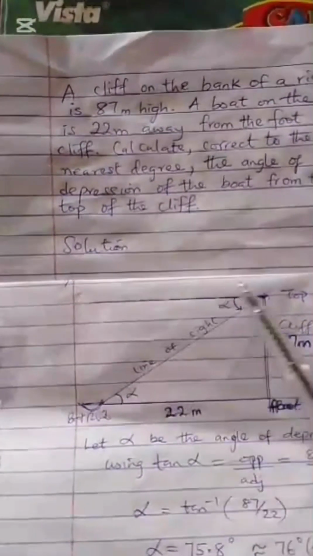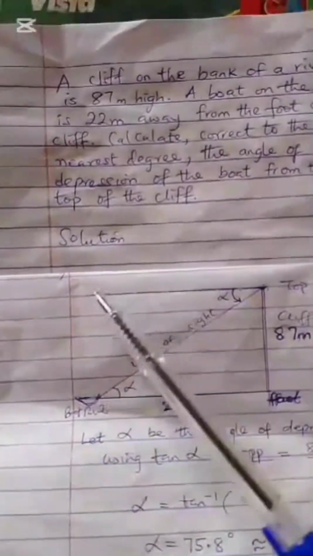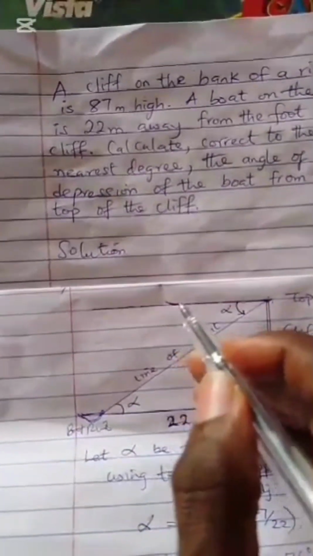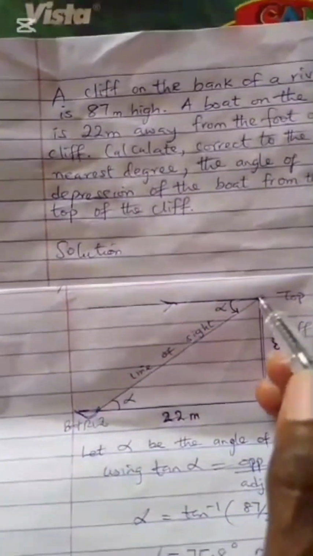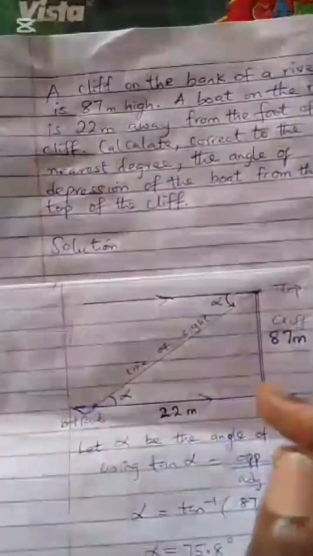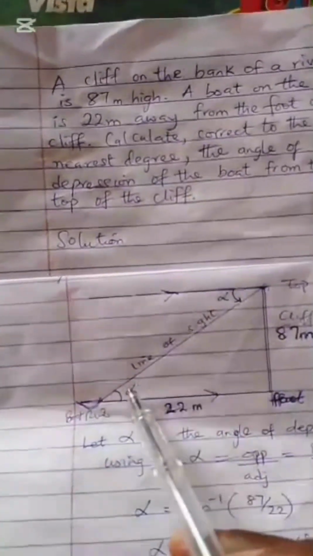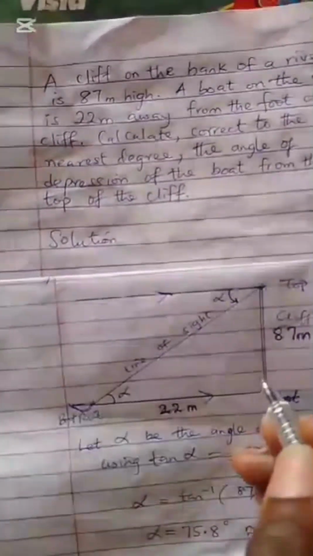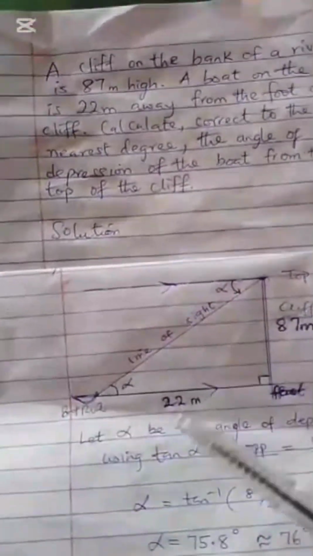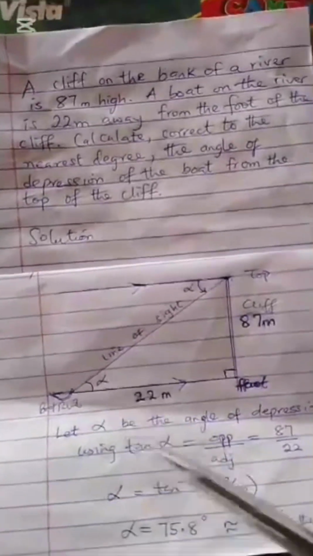You have to realize that anytime you have an angle of depression, it forms a Z angle, because you have to assume that this eye level of the observer at the top of the cliff is parallel to the distance from the foot of the cliff to where the boat is. So the alpha here should be equal to the angle here. This forms a right angle triangle, and for right angle triangles, we can always apply Pythagoras to solve whatever we're looking for. In this case, we are looking for alpha itself.